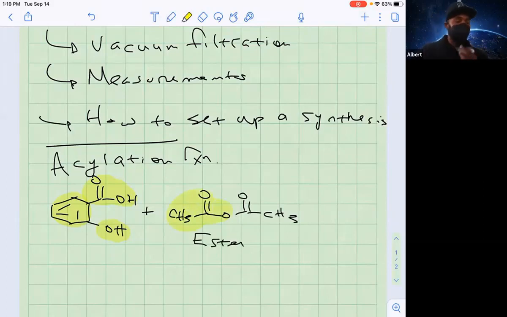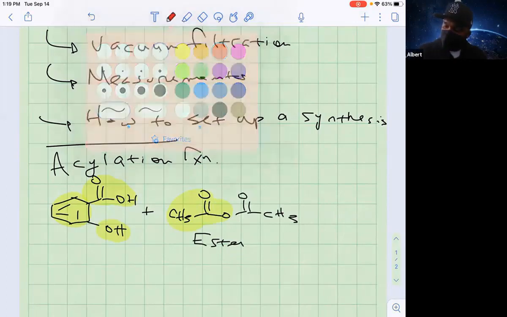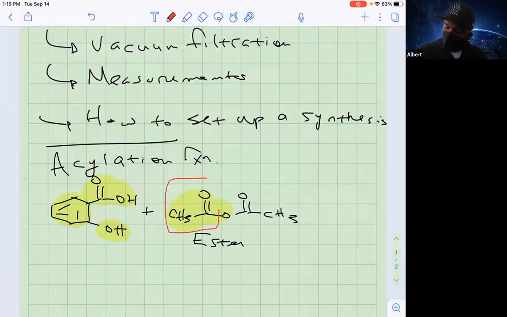And with that acetic anhydride, this group that's attached here is going to end up on your alcohol. That group that I have highlighted in red from the anhydride is called an acyl group. So that's why we call it an acylation. We're going to take that group and attach it.